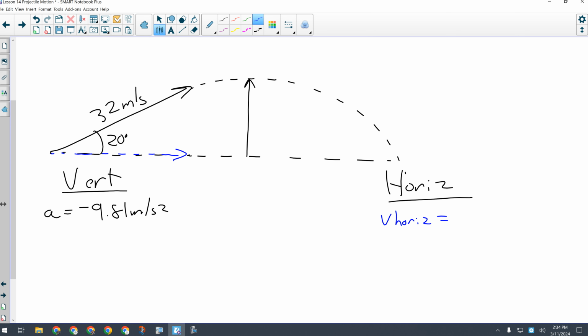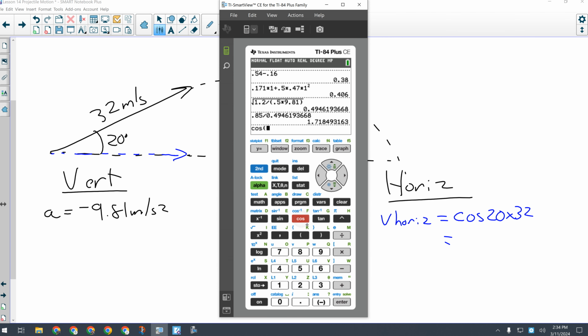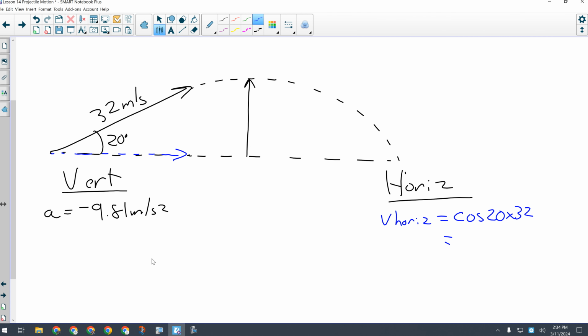It's the adjacent side. So V horizontal is going to be the cos of 20 degrees times 32 meters per second. Okay, 30.07. All right, so that's pretty fast. I'm going to keep all those decimals in my calculator, but I'm just going to write those. So I calculated that side. That represents the horizontal component of the velocity.